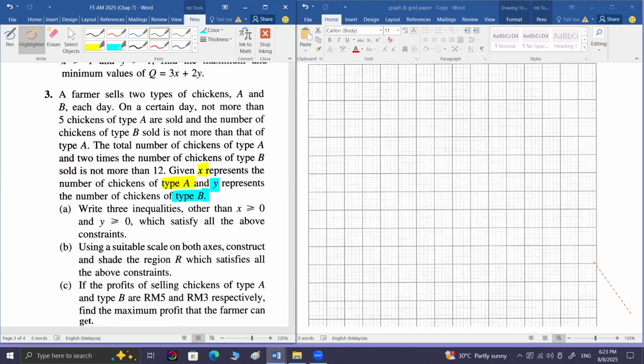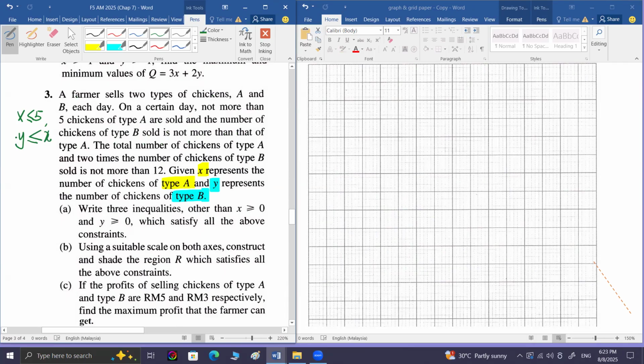First of all, we see not more than 5 chickens of type A are sold. Not more than 5, so x is not more than 5. First one, I get ready. And the number of chickens of type B sold is not more than that of type A. So B is not more than that of type A. Okay?